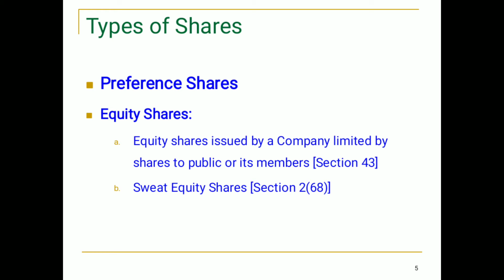So this is the basic meaning of shares. Let us see what are the types of shares, mainly preference shares and equity shares. Now, if we are talking about the types of shares, in your textbook you are provided with a separate topic on page number 3 itself, which says that a company may issue two types of shares, that is preference share and equity share.